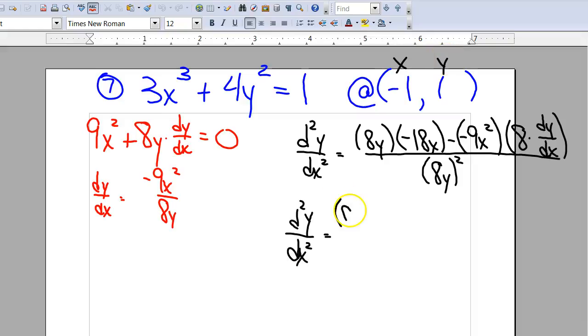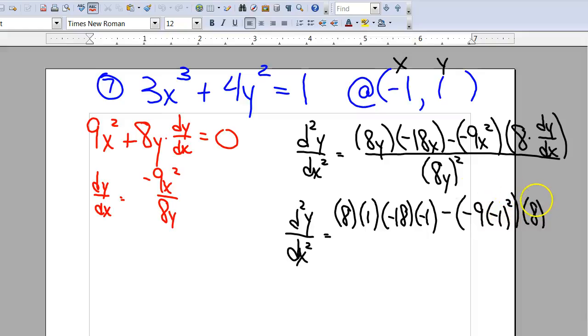So, 8 times y times negative 18 times negative 1 minus negative 9 times negative 1 squared times 8 times, and this is like the super shortcut. What am I going to put in instead of dy over dx? I'm not going to put the variables in, because if I put the variables there, what's the next thing I have to do? Plug in the numbers, right? So why don't we just plug in the numbers over here?